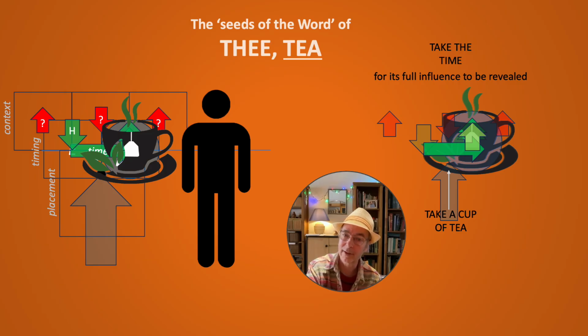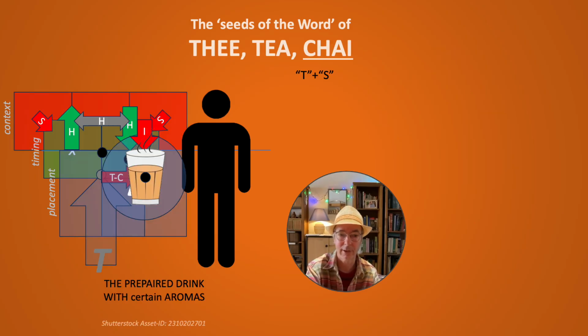It will of course take the time for its whole influence, also emphasized by the H to it as well, its whole influence to be revealed after a while, so that you can find that also in the object. That's what the simple word of T is actually expressing.